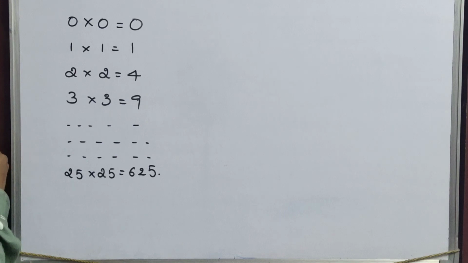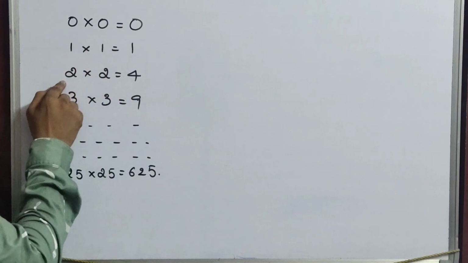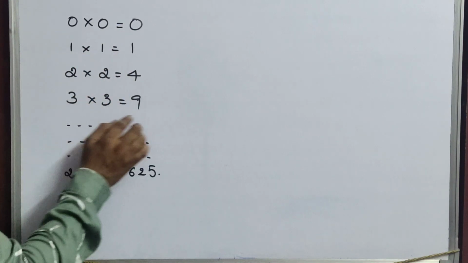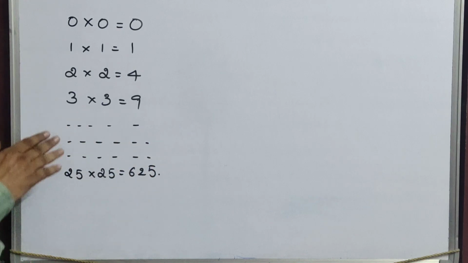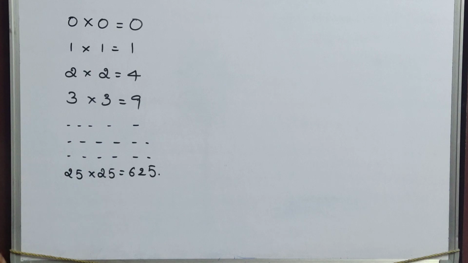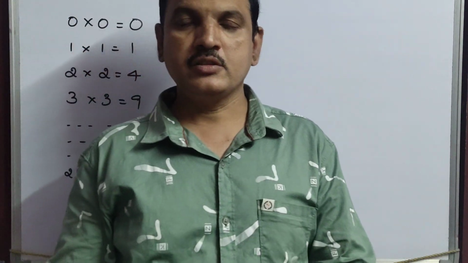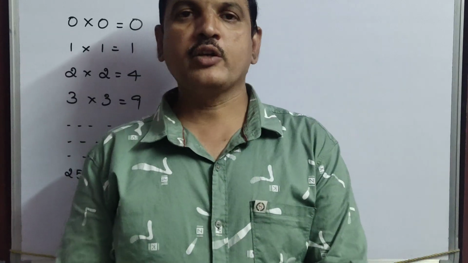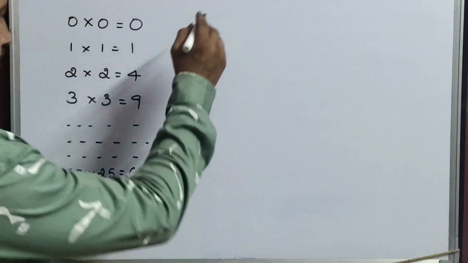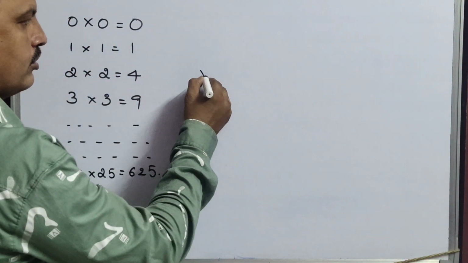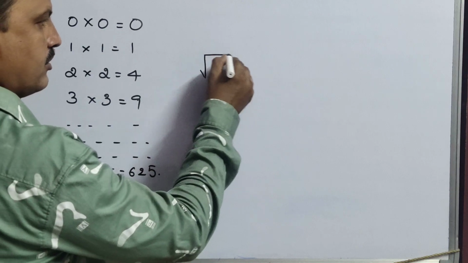That means 0 0s are 0, 1 1s are 1, 2 2s are 4, 3 3s are 9, 4 4s are 16, 5 5s are 25, 6 6s are 36, 7 7s, and so on up to 25. Up to 25, if you know these, then when we go to the square root sums, it will become very easy, children. See here, first of all you have to know the square root symbol.